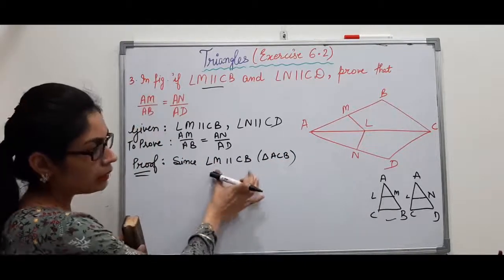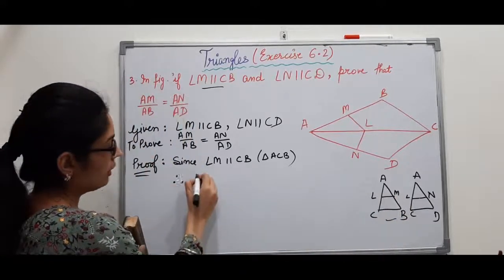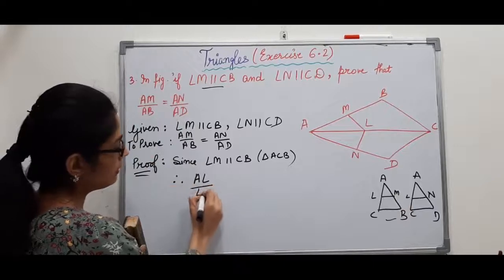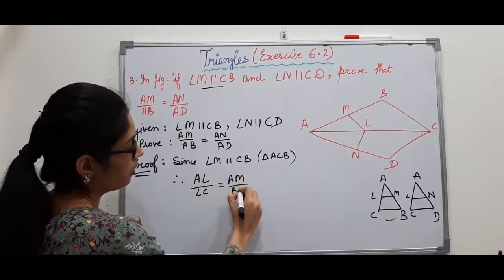Since LM is parallel to CB, therefore AL upon LC or CL is equal to AM upon BM.